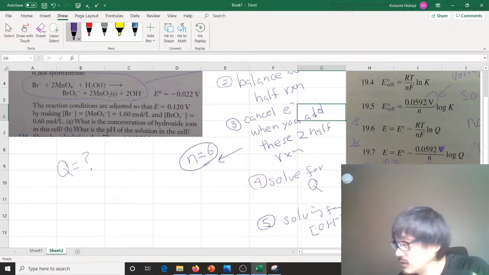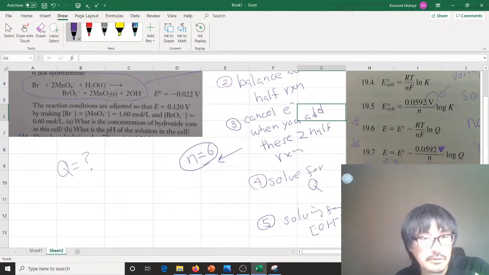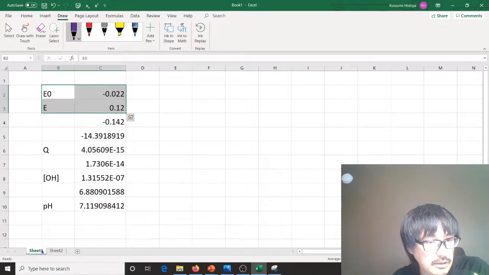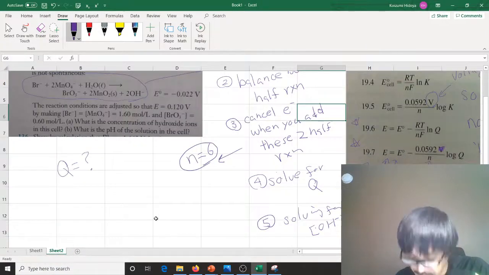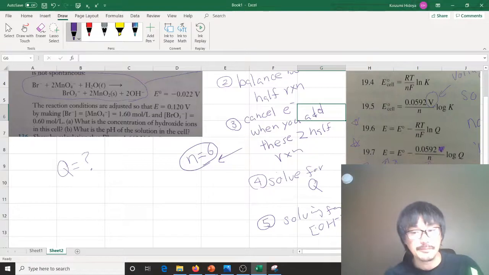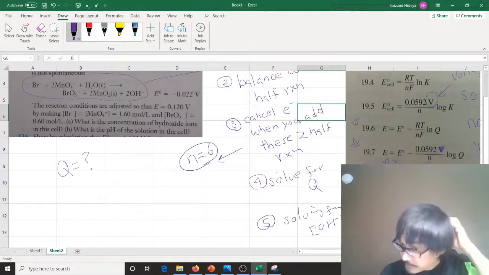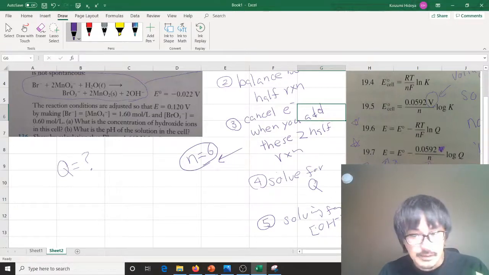And for that pH value, you should get something like 7.11. So all it says is 7.11.